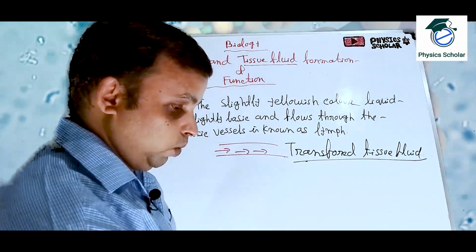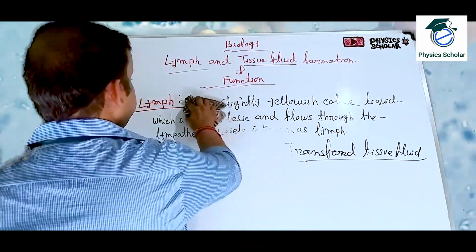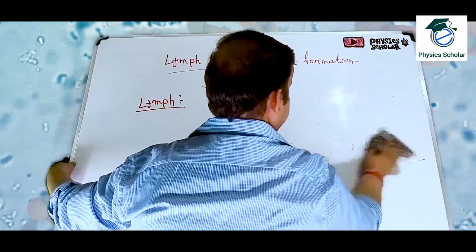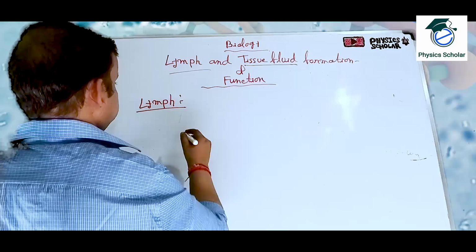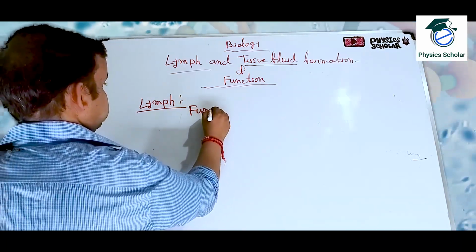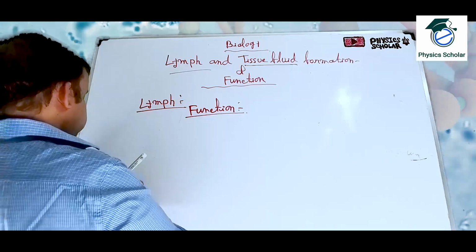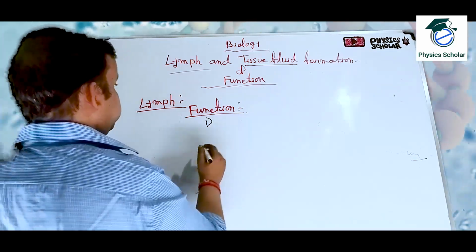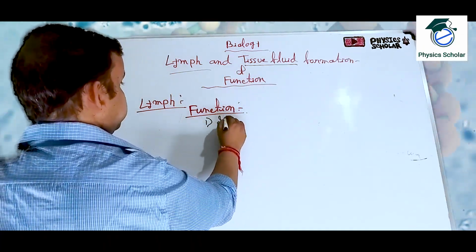So now we will start the function of lymph. What is the function of lymph? Now we will learn the function of lymph. So first, lymph also has protein just like the tissue fluid.